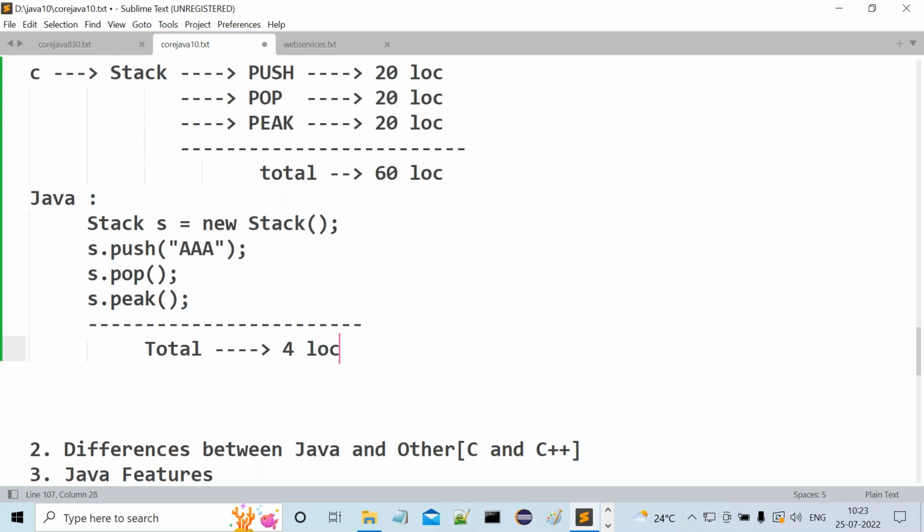Clear or not? I hope you've got the difference between C and Java in this particular context. In the case of C, 60 lines of code. In the case of Java, only 4 lines of code. I want to give one conclusion. Try to understand this conclusion.